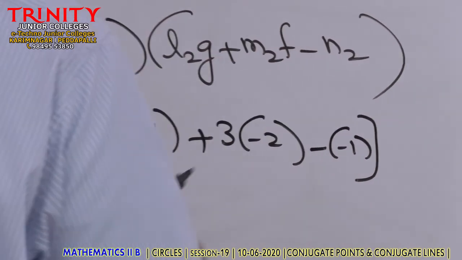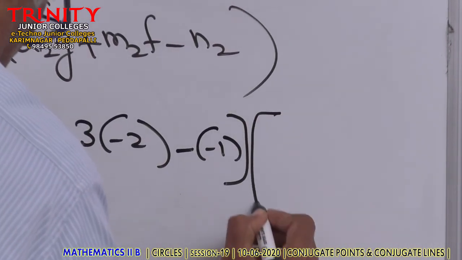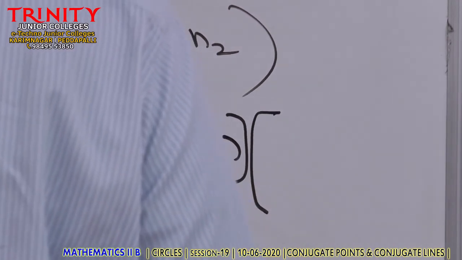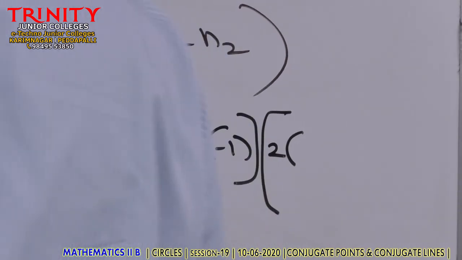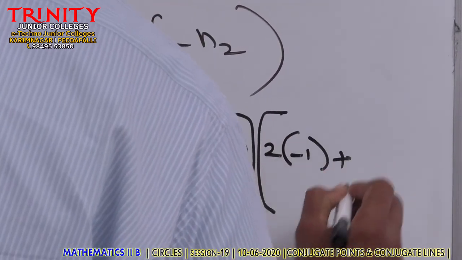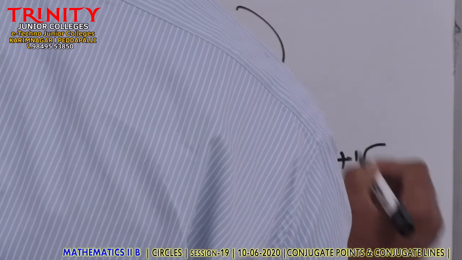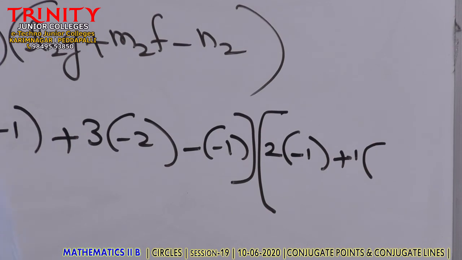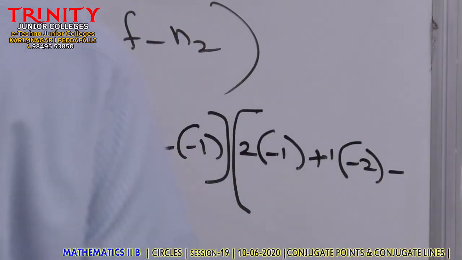Right, here L2 2 into g, value of g is minus 1, plus M2 1, f minus 2, minus N2 5.